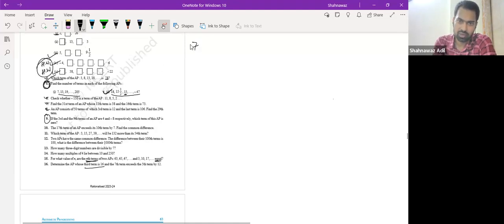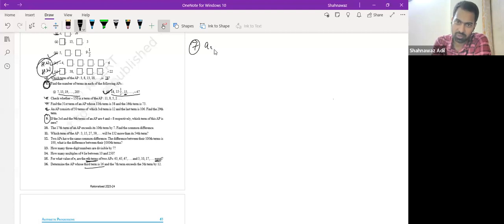Yeah. So seventh question, Amira, what is given? You tell me first. Find the 31st term of an AP. So what do we have to find? The nth term, right? This is saying 31st term, so how can we represent that?